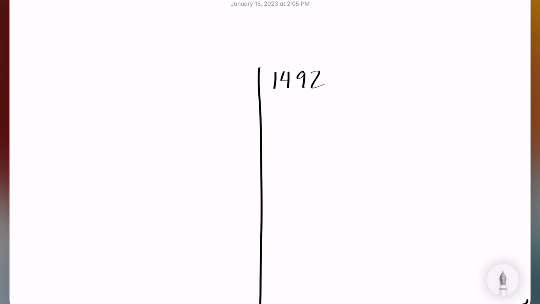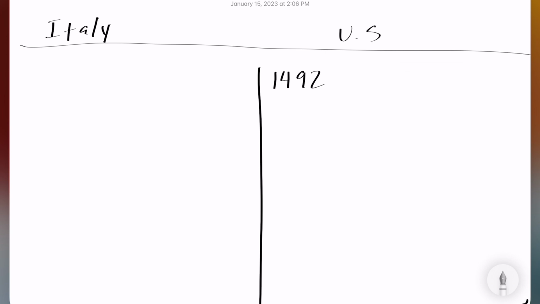And here is the other thing that I would like for you to do, all right? On the left side of your timeline here, I would like for you to write Italy. Because in today's class, we are going to be talking about some important historical events that occurred in the nation of Italy. And on the right side of your timeline, I would like for you to write USA, or you can write the United States, or you can write the United States of America, however you would like to do it.